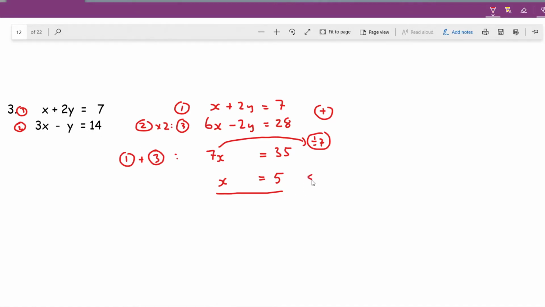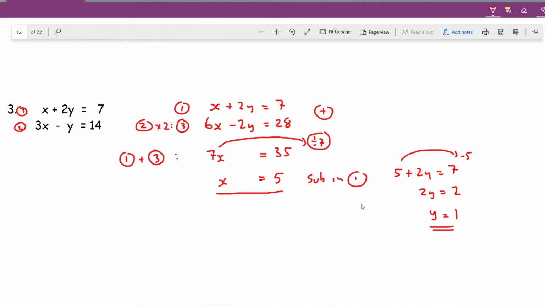Replacing x by 5, that'll give me 5 plus 2y equals 7. Taking 5 to the other side by minusing 5, it gives me 2y equals 7 take away 5 is 2, so 2y equals 2, so y must equal 1.